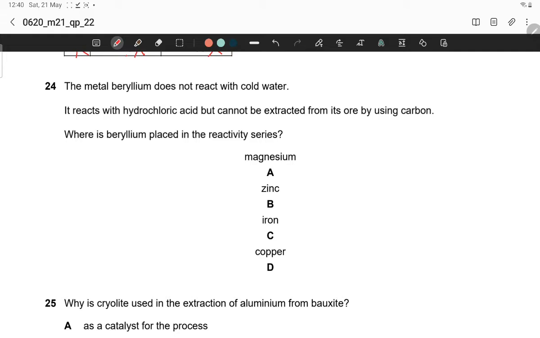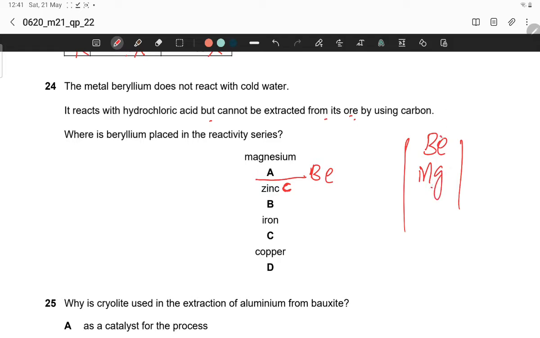Beryllium is group 2 metal, so beryllium is placed below magnesium, because it cannot be extracted from its ore, since carbon is placed above zinc.